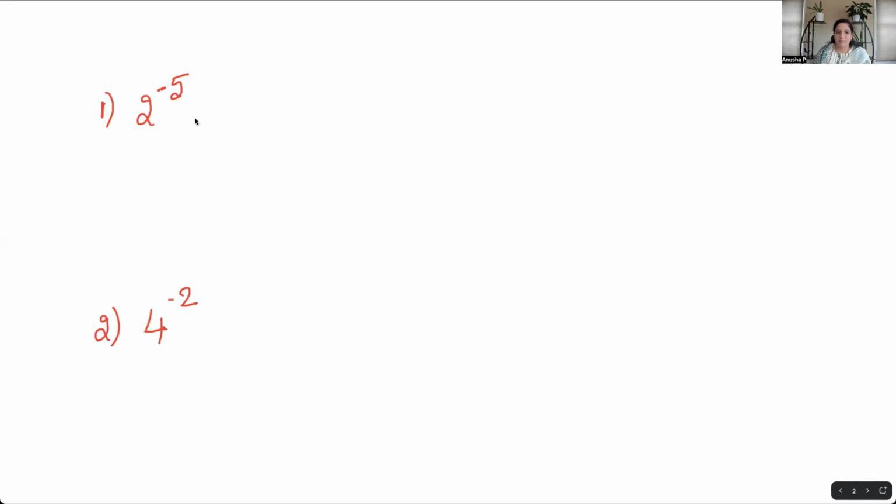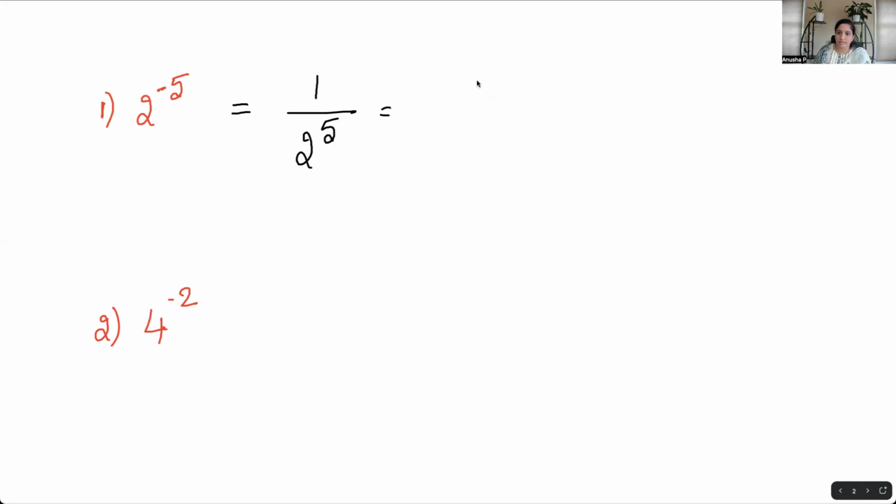The first example here is 2 to the power of minus 5. On the top, it is a negative exponent. So if you bring that number to the denominator, it is 1 over 2 to the power of 5, then it will become positive.